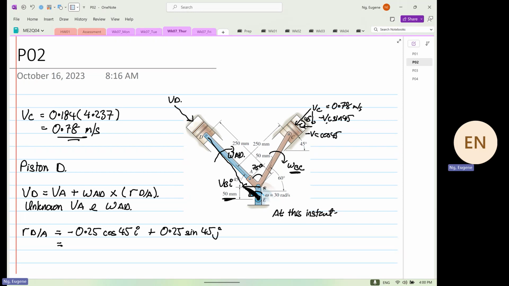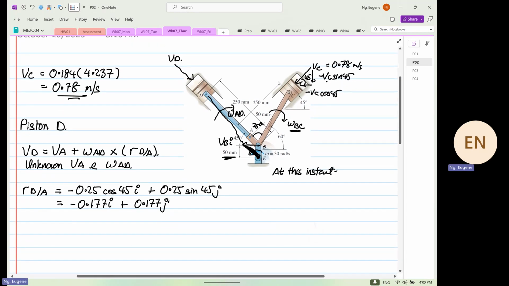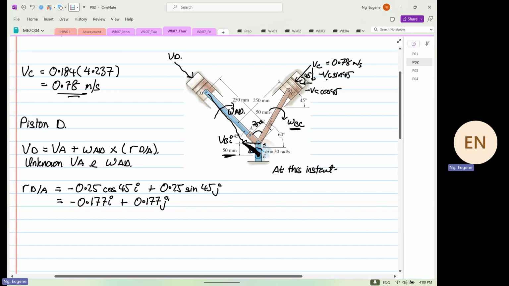So 0.177, so minus 0.177 i plus 0.177 j. So from here, we want to find VA.